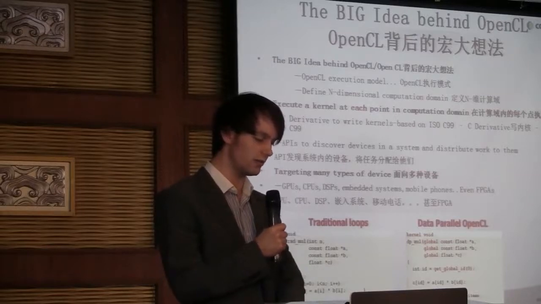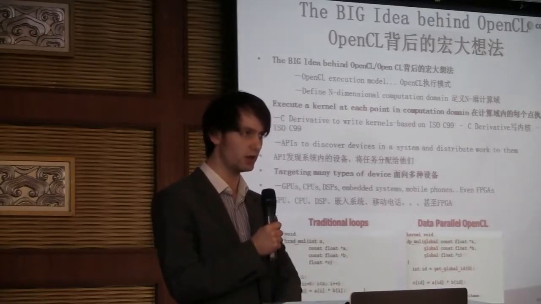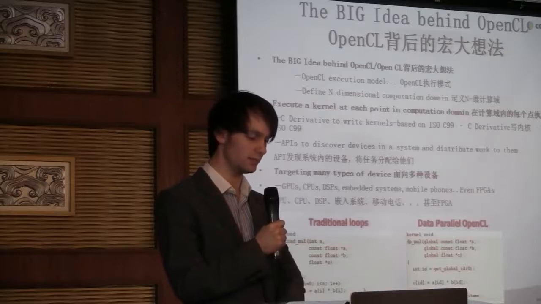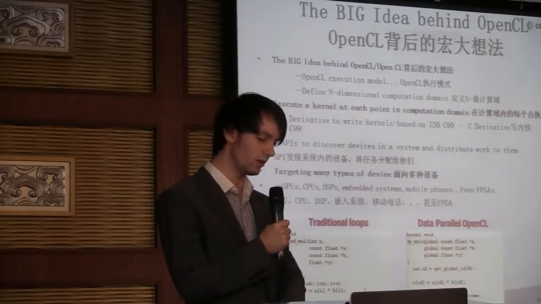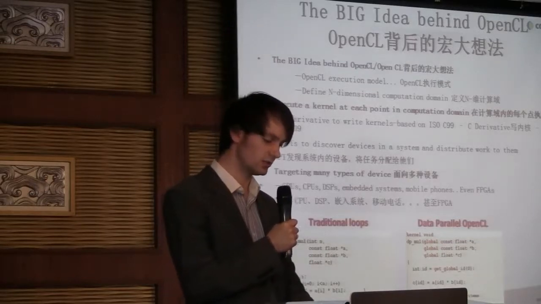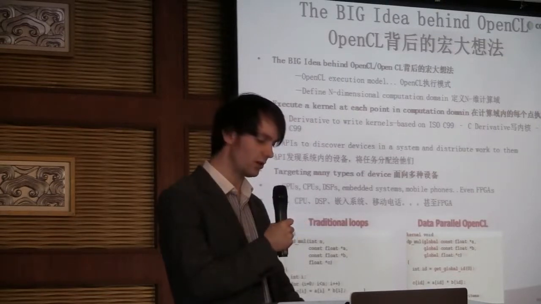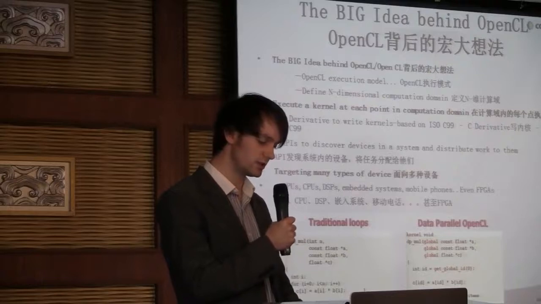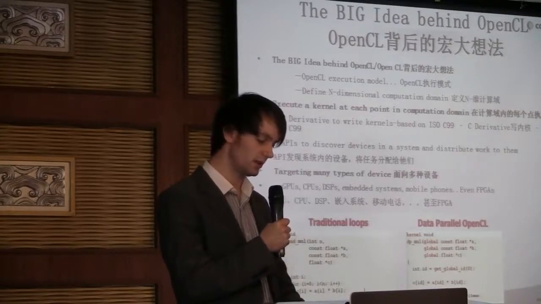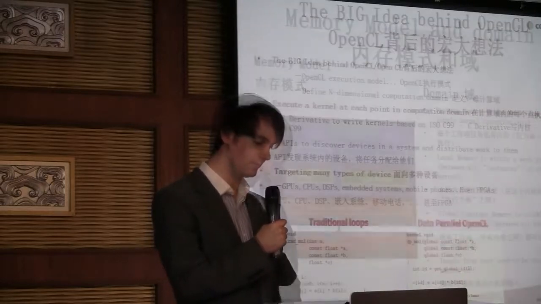This helps exploit the parallelism behind the task. On the left-hand side, under the section Traditional Loops, this is running on a CPU device. This will not give you any parallelism because it doesn't exploit the n-dimensional domain that OpenCL provides.